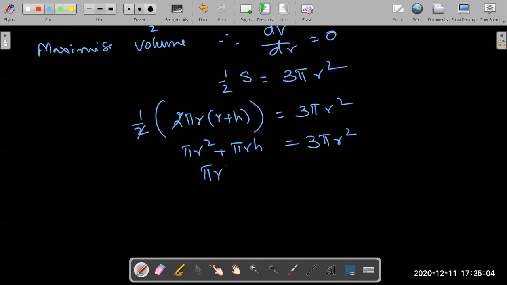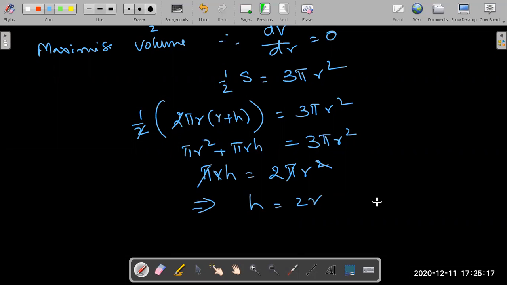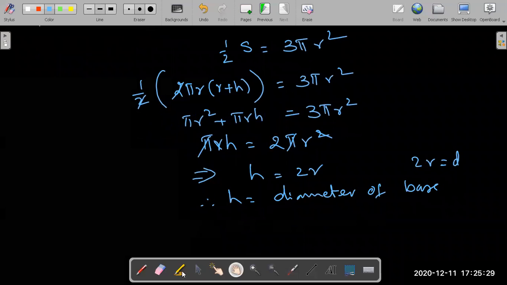So pi r h equals 2 pi r square. Pi gets cancelled, one r gets cancelled. That will give you h equal to 2r. 2r is nothing but the diameter. Therefore, h is equal to the diameter of the base. We have proved this assuming that it is maximum.